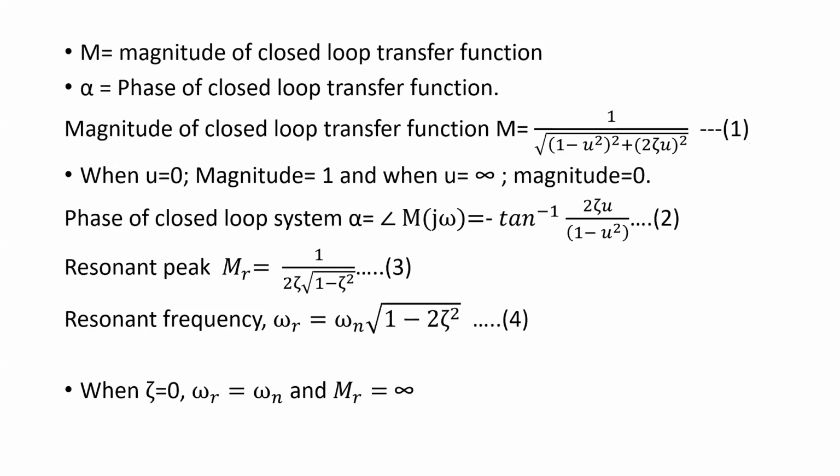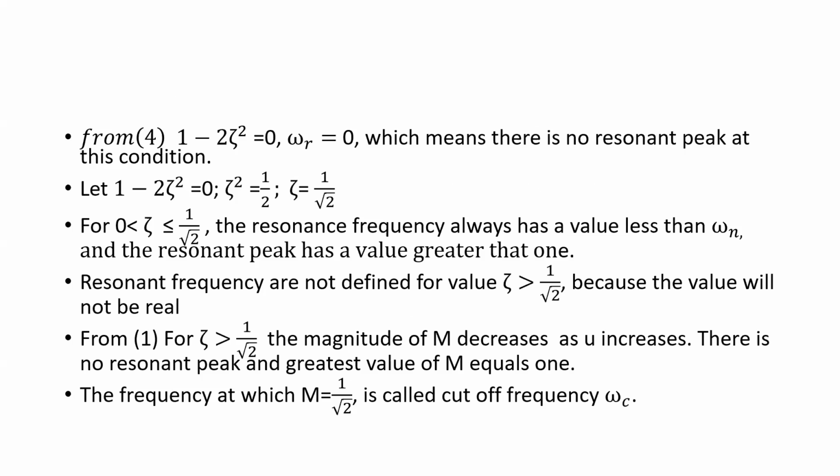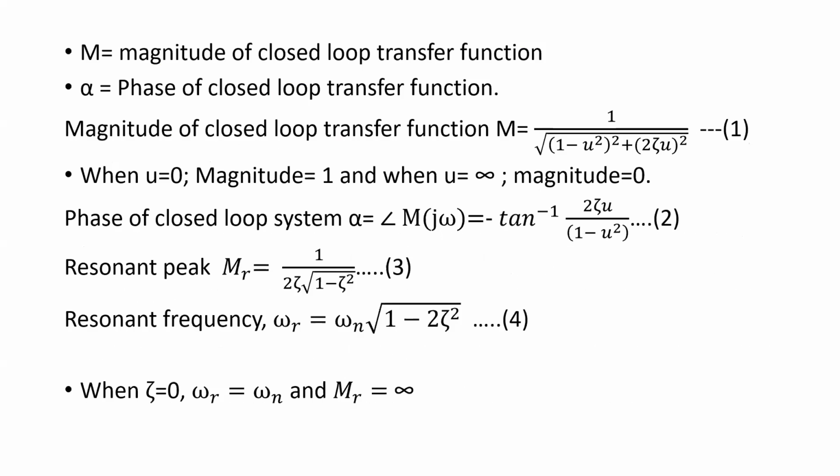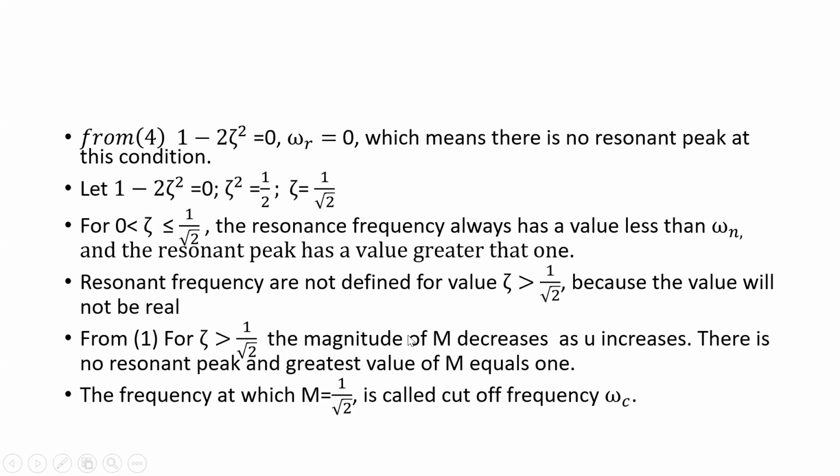So you will have a resonant frequency when zeta is 0, and you will not have one when this value goes to 0, that is, when zeta is 1 by root 2. So zeta should be greater than 0 and less than 1 by root 2. If you should have resonance in the system, your damping ratio should be greater than 0 but less than 1 by root 2, so that you will have a resonant frequency.